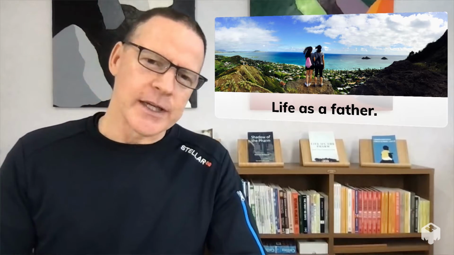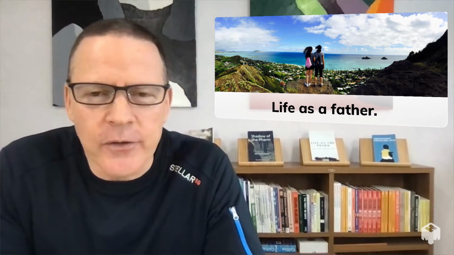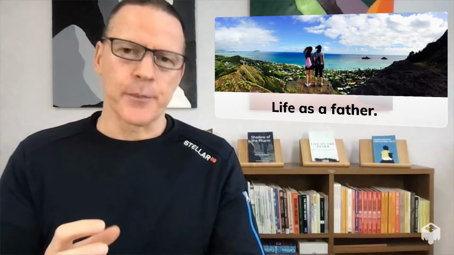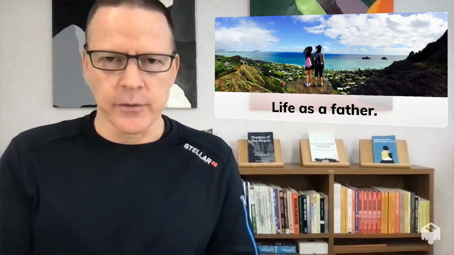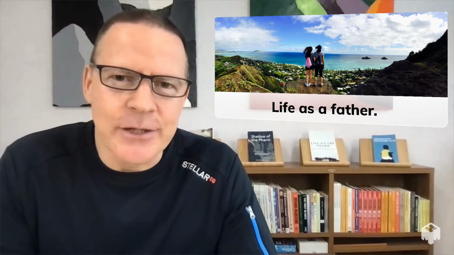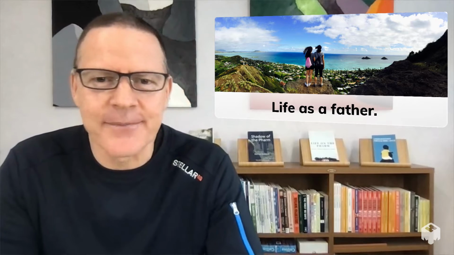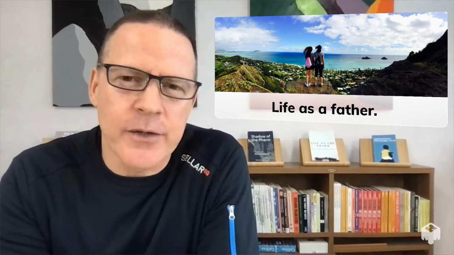So we need to expose them to risk if we want to make them independent and ready for all the things that life will throw at them along the way. So there are these competing urges. One is to protect and one is to prepare. We'll talk about this protect or prepare dilemma later in the course as well, and hopefully these 4 steps will make that easier for parents to navigate.